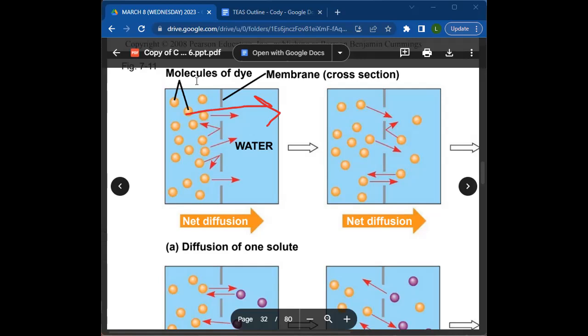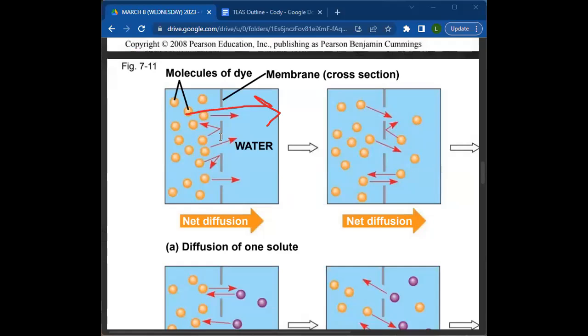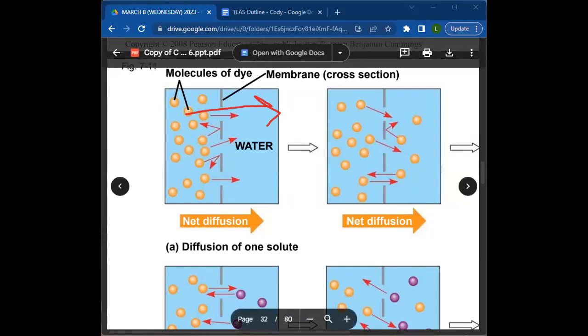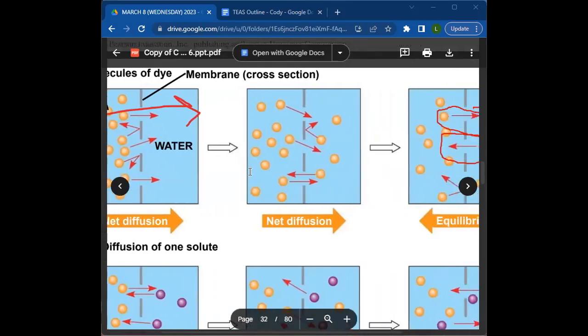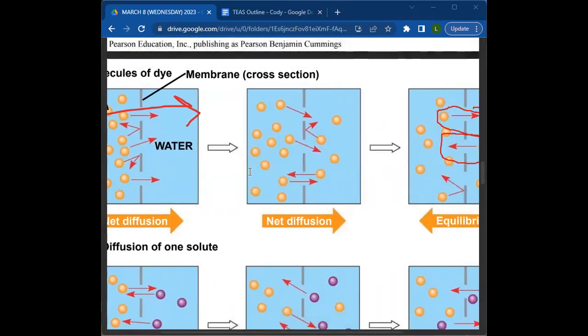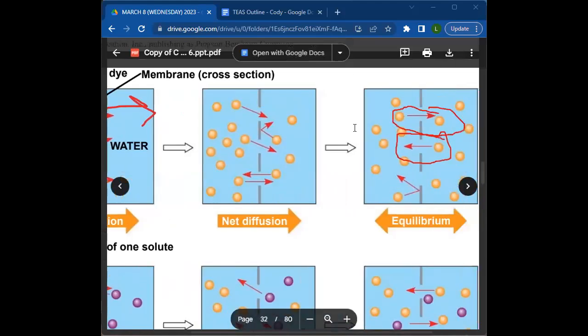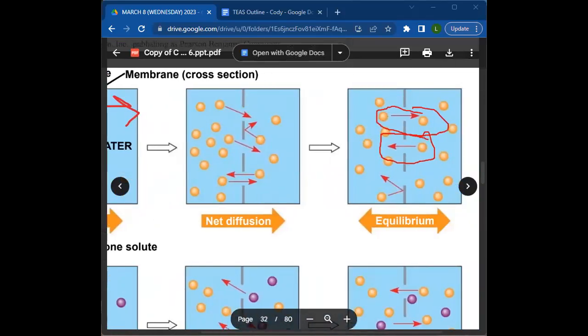You can see that some of them are bouncing off of the cell membrane and are not moving to the area of low concentration. And then as more time passes, more of the molecules will move from the area of high concentration to low concentration.